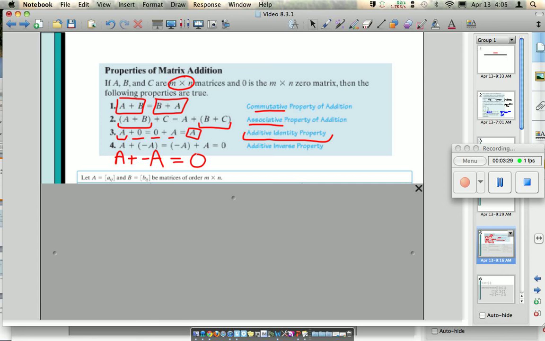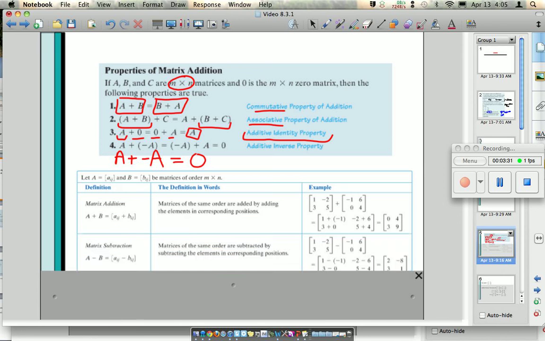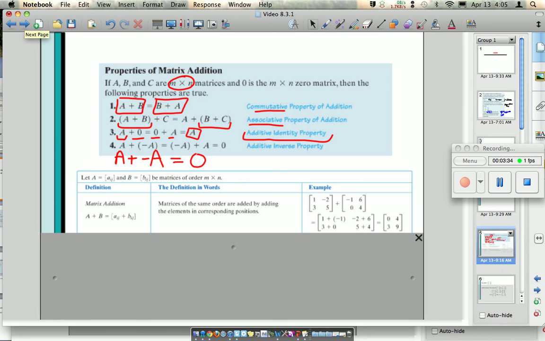So if we're adding two matrices, we're going to simply add the corresponding spots of the matrices. If I want to add these two matrices A and B, I'm simply going to add each element. So 1 plus negative 1 to get 0. Negative 2 plus 6 to get 4. 3 plus 0 to get 3.